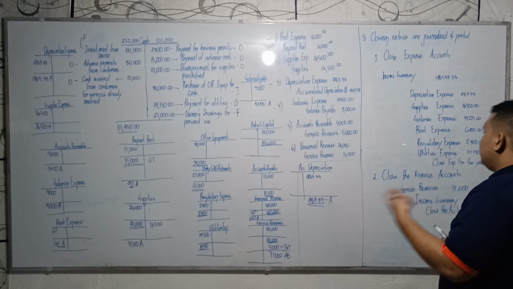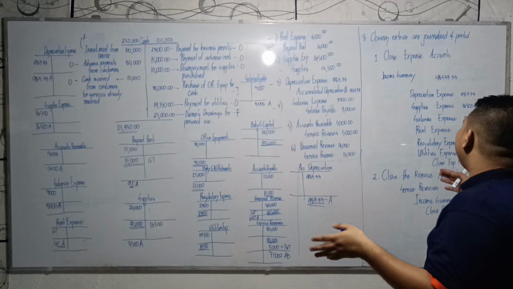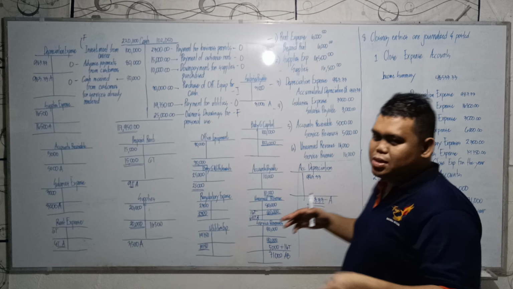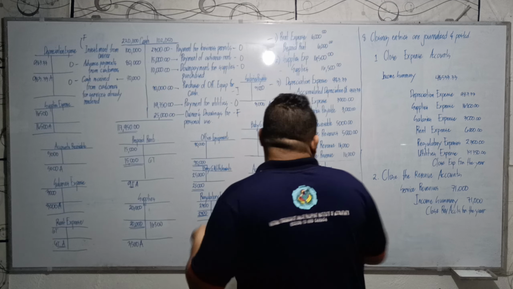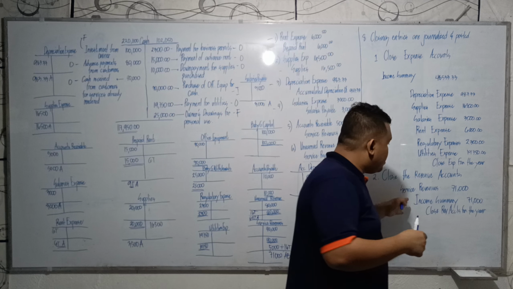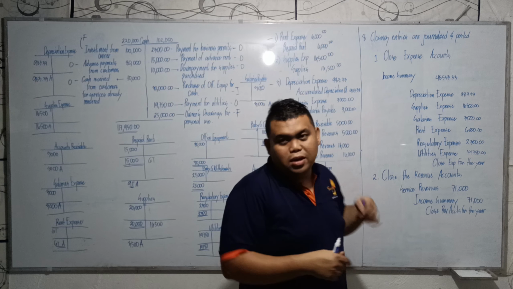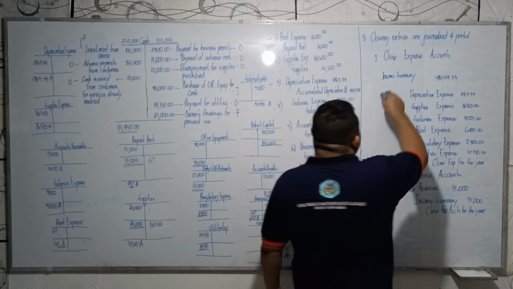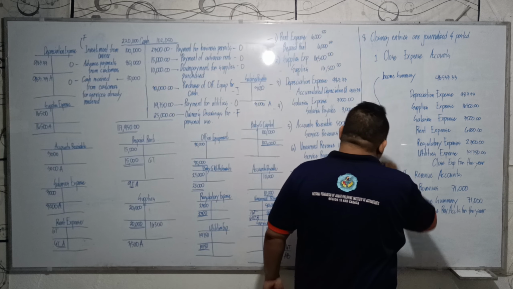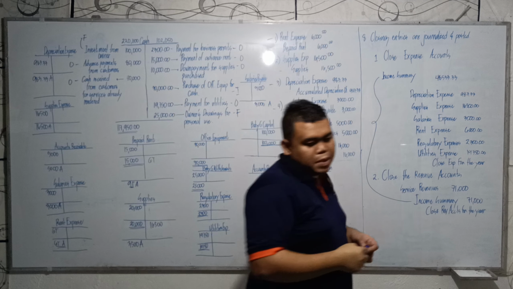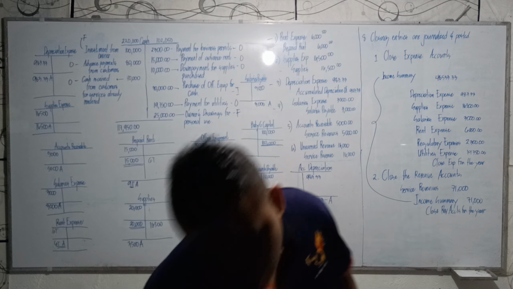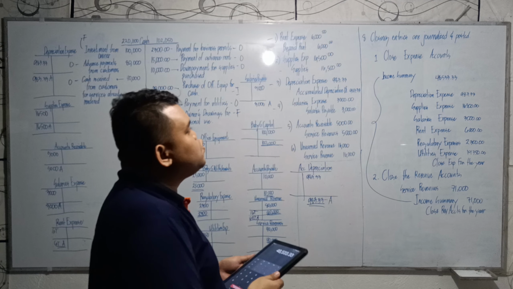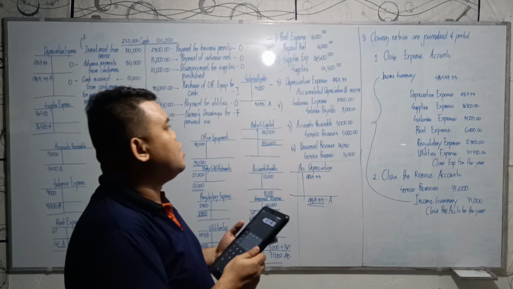The next step is not really expressed in the books, but you have to summarize the income summary account. That is just a preparation for step 3, because we're going to close the income summary account.